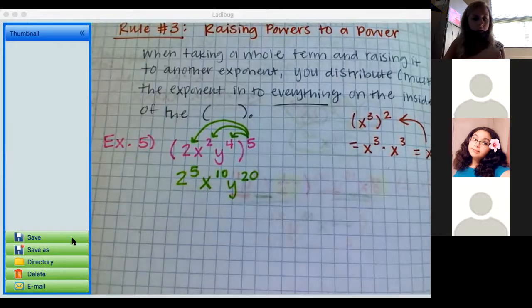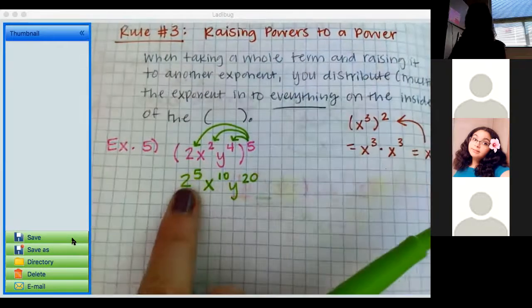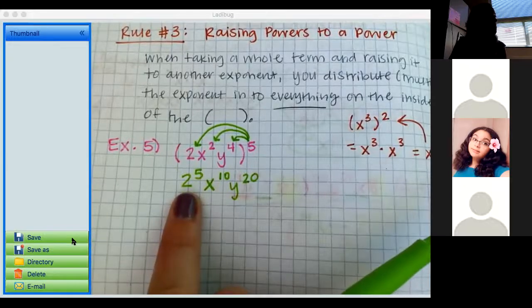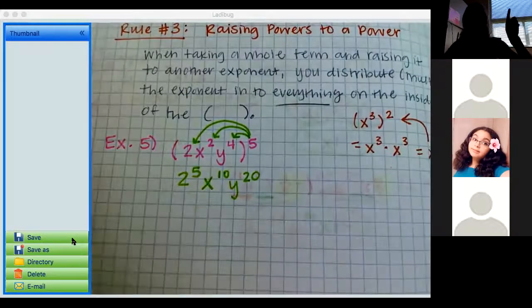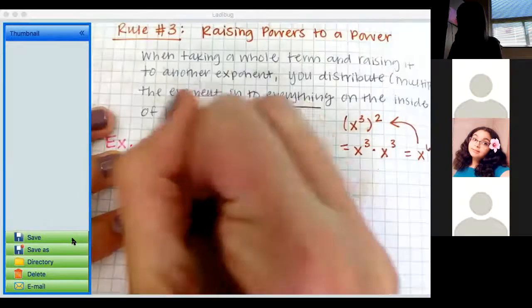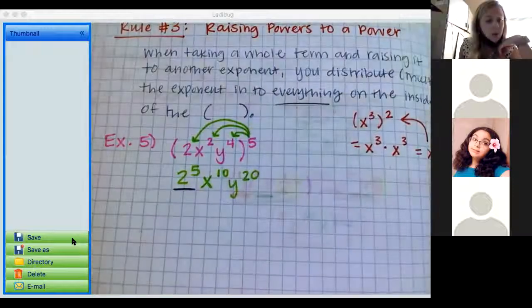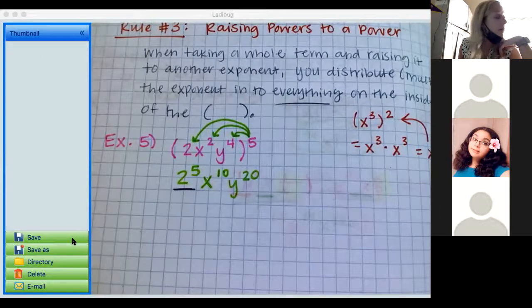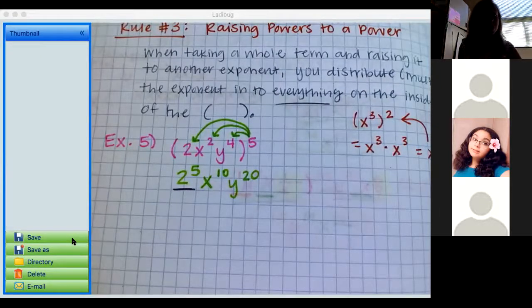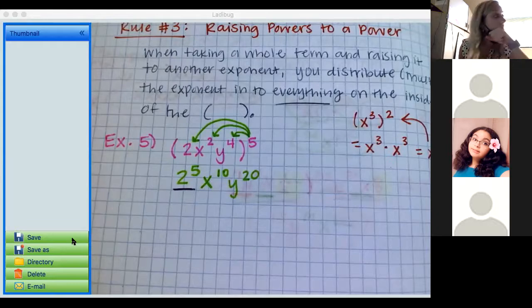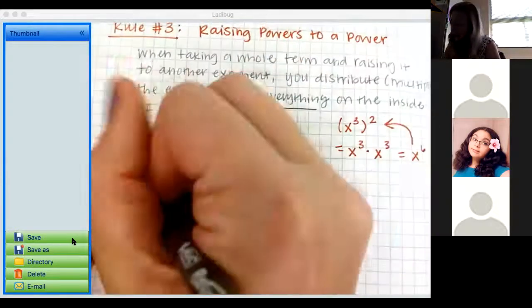Now this is where y'all usually mess up. I'm going to say it again. This is not 10. What does 2 to the 5th mean? Because before y'all even start talking, does everybody agree this is just a number? Yeah. We should be able to find what 2 to the 5th is. So what does 2 to the 5th mean? Multiply 2 5 times. Good. Multiply 2 by itself 5 times.